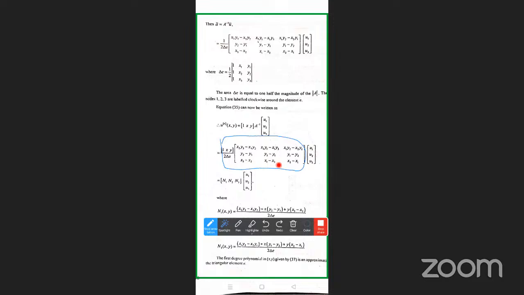Our assumption is that this must be the row matrix node 1, node 2, node 3 into u1, u2, u3.